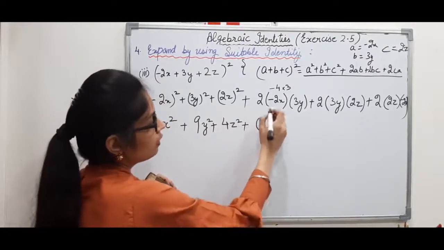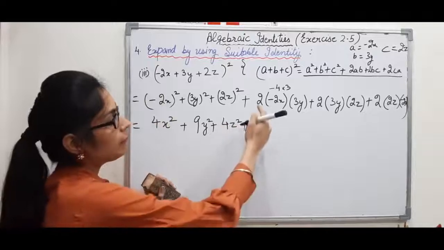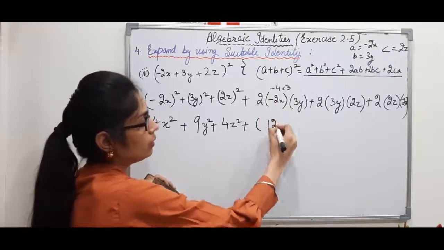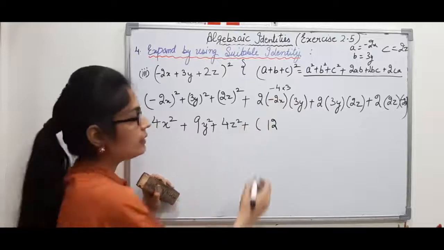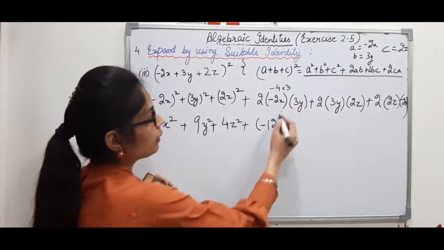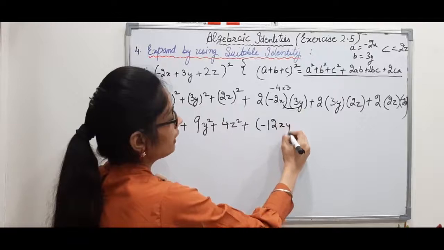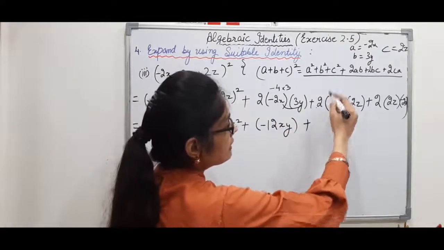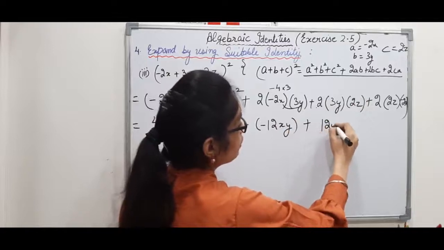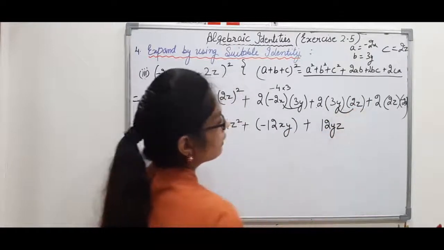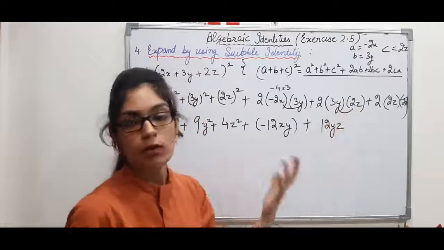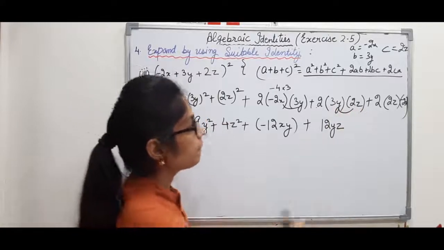So with my answer I have to write minus sign. 2 into 2 is 4. 4 into 3 is 12. Because only one minus sign is there, so with my answer one minus sign will come. X into y as it is we can write. 2 into 3 is 6. 6 into 2 is 12. So y, z along with we have to write. All the numbers we have to multiply along with the variables we have to write.